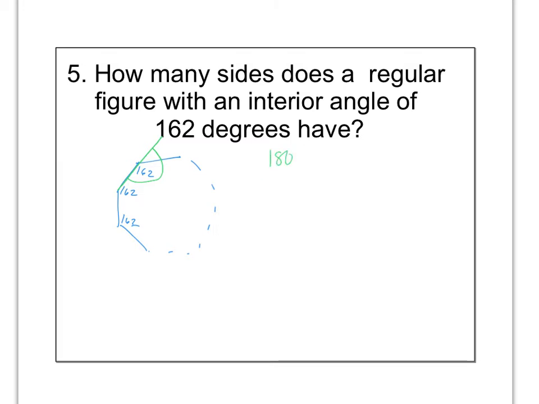So 180 minus 162 is 18. So that means this little angle out here is 18 degrees. Well, remember, exteriors always add up to 360. So how many 18s does it take to get to 360? So basically we do 360 divided by 18, which is 20. So this has 20 sides.